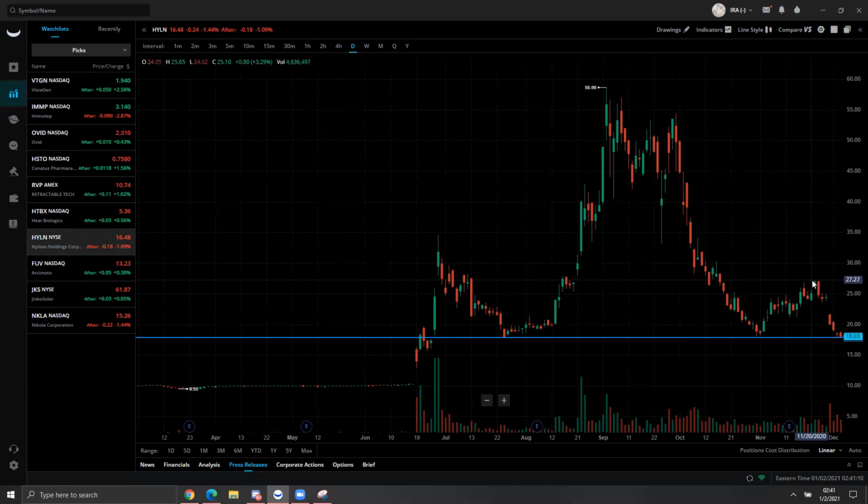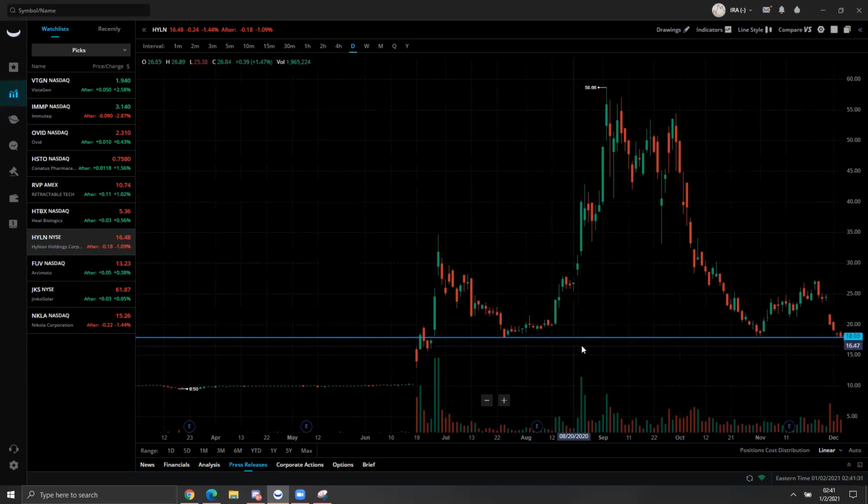HYLN for some reason didn't have that value or appeal to investors or the market makers. So instead of people buying the stock up and turning it into an actual reversal, the market just sold off again, and we got a lot of panic selling because there are a lot of bag holders in this specific stock. And now this is what we call the neckline of the head and shoulders.